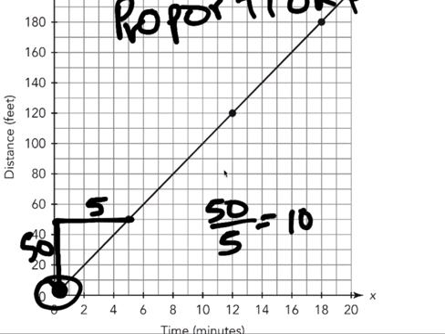Even if you go here, you see this is a right triangle. It still should be the same, even though it looks bigger. From 50 to 120 is 70, right?